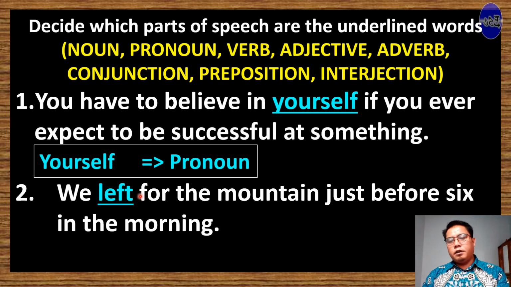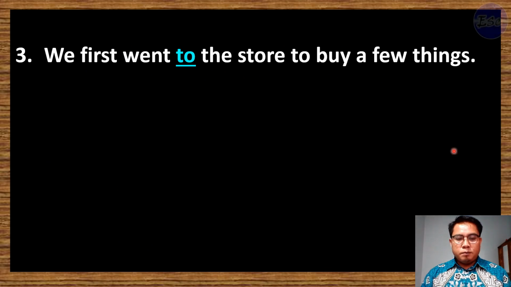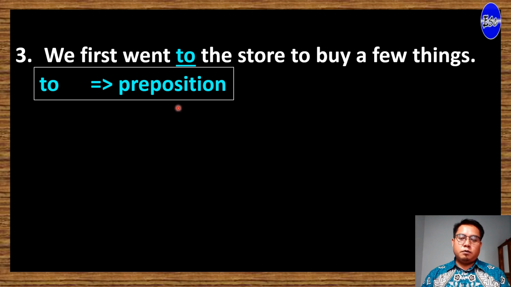Marvelous, you're right. This is a verb. Number 3. We first went to the store to buy a few things. What kind of word is this "to"? Well done. This is a preposition.